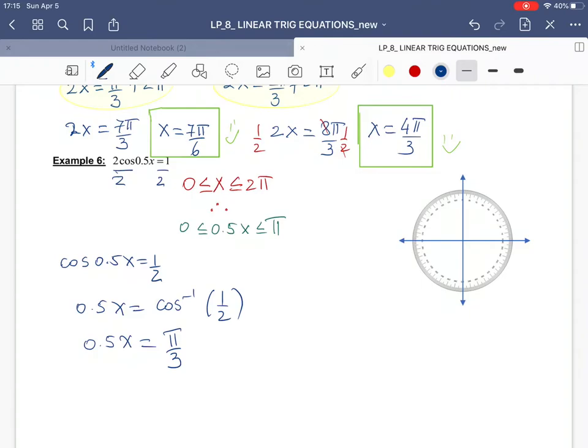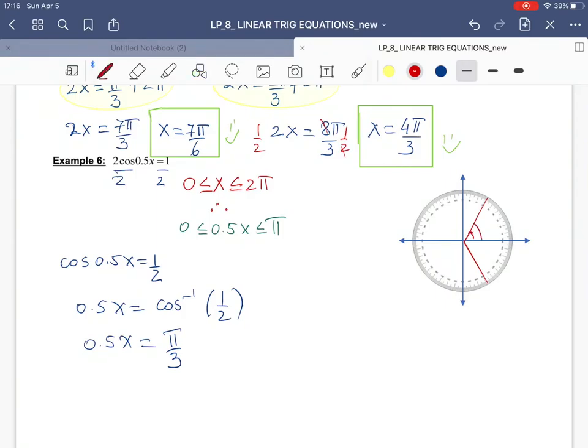And I'm going to draw the angle pi over 3 now. I'm going to choose color red, pi over 3. And the next angle with the same cosine ratio will be in quadrant 4. And it will be from here to here. And there go our angles.